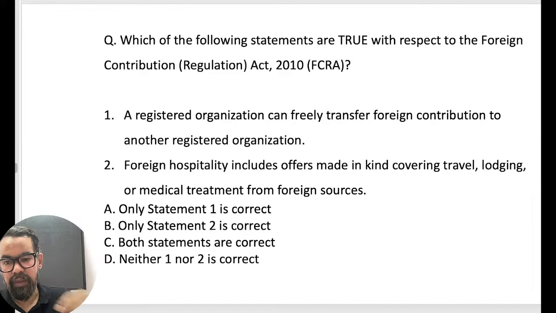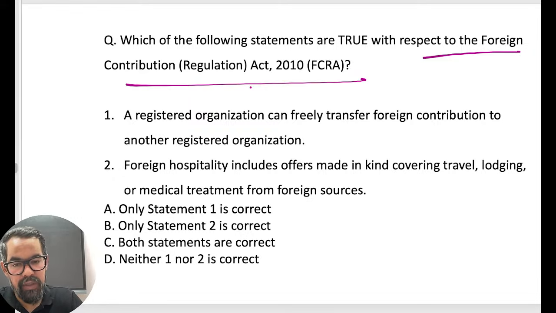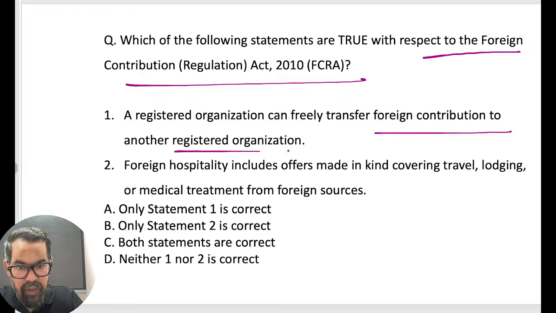Okay, one more question. Which of the following statements are true with respect to the Foreign Contribution Act 2010? A registered organization can freely transfer foreign contribution to another registered organization. No, they are prohibited. SBI Bank is the authorized person, and they are not. The act basically prohibits it.